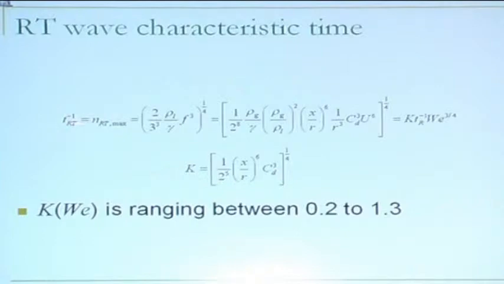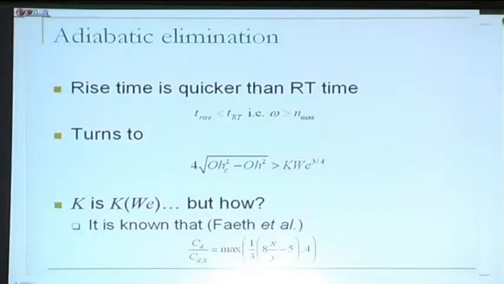So I can use back my formula, and I have this big formula which I simplify by introducing this parameter. You can see that the characteristic time of growth of Rayleigh-Taylor instability is proportional to the Rayleigh characteristic time, and there are some other factors depending on the Weber number. It's the same here. Here, you introduce actually the characteristic time of Rayleigh. So by making this comparison, I want to have a rise time quicker than Rayleigh-Taylor growth time.